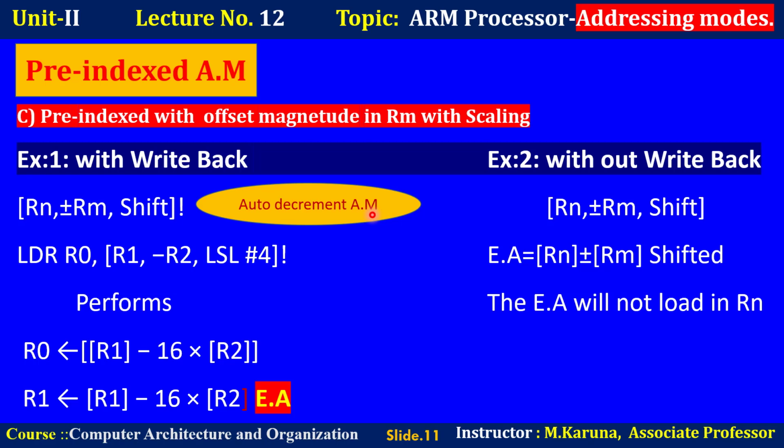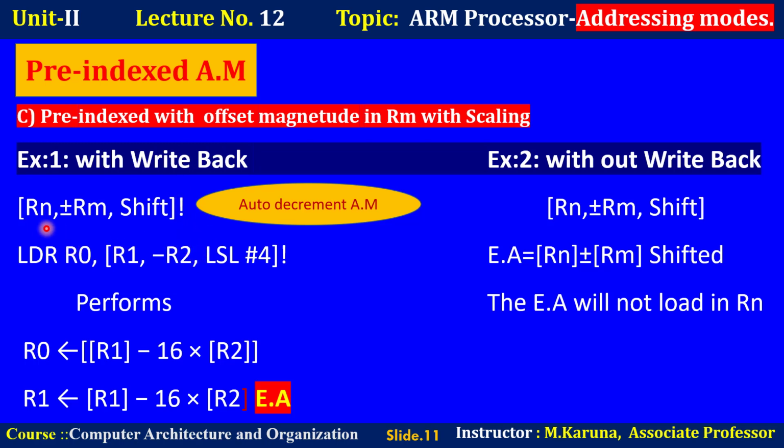Likewise, it may be scaled by a power of 2 by shifting to the right or to the left. The amount of shift is specified by an immediate value in the range 0 to 31. For example, with write back, after calculating the effective address, that will be loaded into the base register.